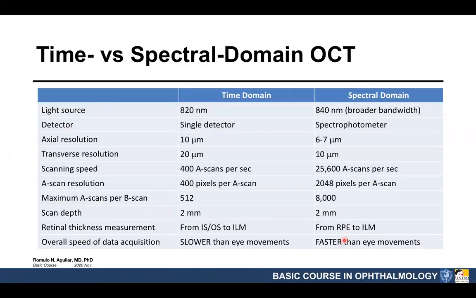In table form, this is the difference between time and spectral domain. So again, very briefly, broadband light source. For spectral domain, you use a spectrophotometer, which generates a spectral interferogram. Resolution, 400 pixels for time domain, 2048 pixels for your spectral domain. So you have better resolution.